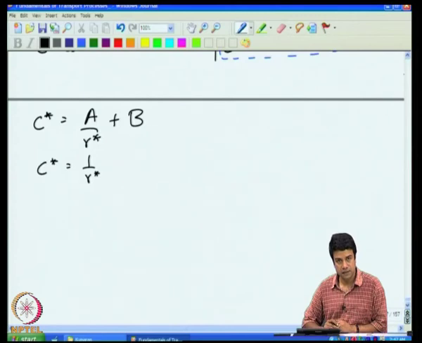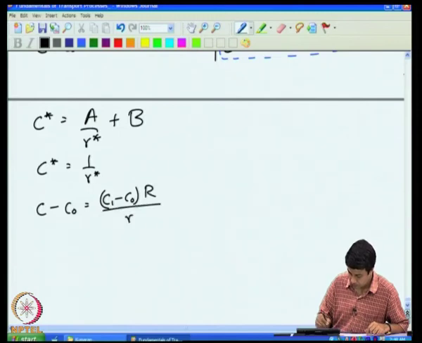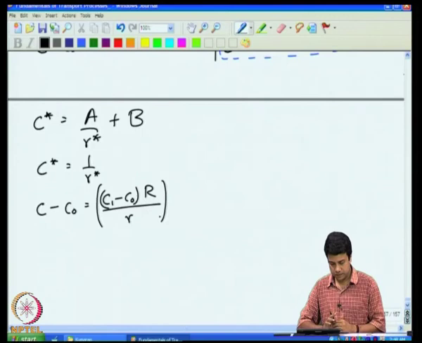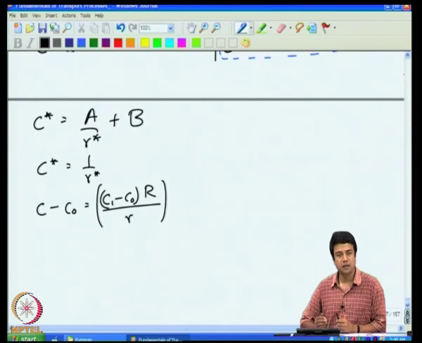Alternatively, if I were to express it back in terms of my dimensional concentration and distance, I would get C minus C naught is equal to C1 minus C naught into R by r. So, this is the concentration field. It goes as 1 over r. As you go far away from the center of the spherical particle, the difference between the concentration and the concentration far away decreases as 1 over r.